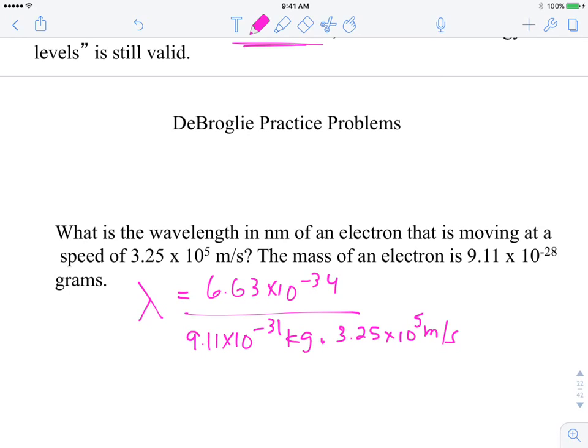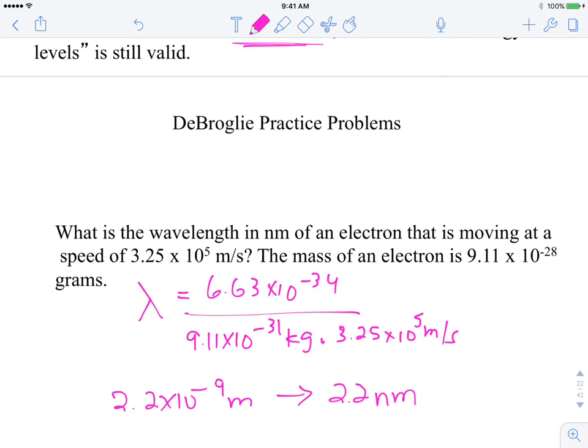I get an answer that is 2.2 times 10 to the negative 9 meters, so this is about 2.2 nanometers. So you can see the wavelength is really small. You can't see electrons moving. But at the same time, within an atom, that is a wavelength that could be reasonable.